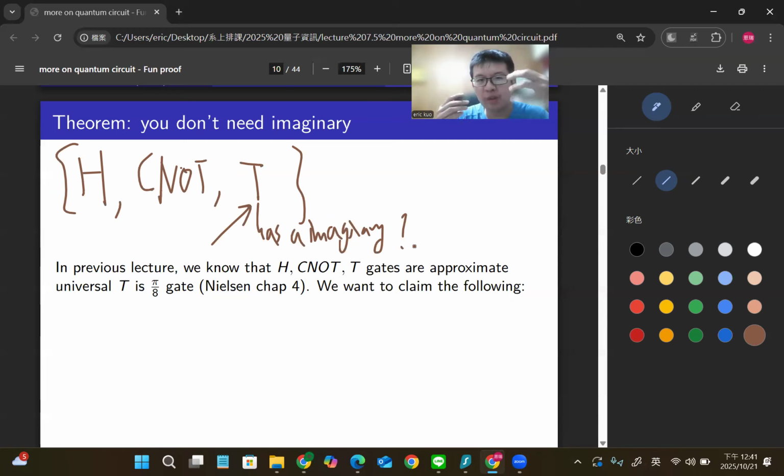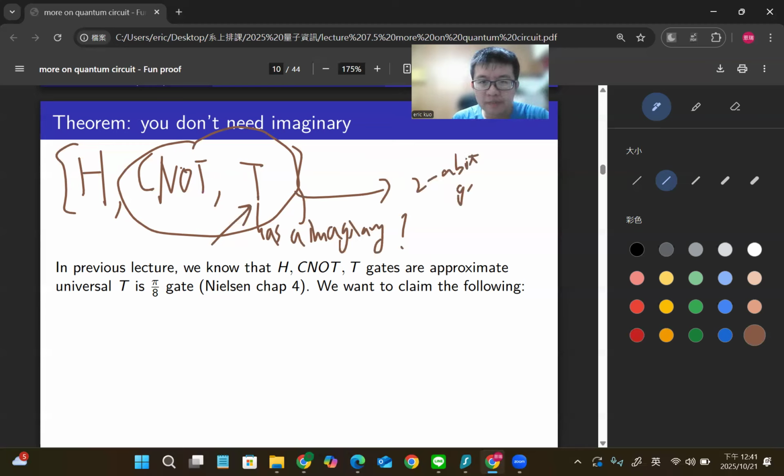So the first thing we need to do is combine these two using another two-qubit gate. The reason is that this kind of method needs three qubits in general. So we hope to combine this with another two-qubit gate, but with imaginary numbers, so that we can use this imaginary method.